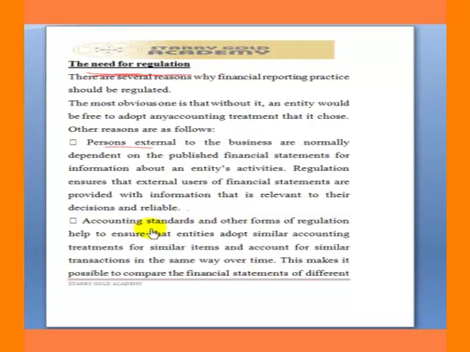The second one is that regulators need to ensure that the financial statements prepared by a company in the same industry are similar to the ones prepared by others in that industry, meaning that all entities in the same industry are consistent in their preparation. That is, their financial statements look similar and similar transactions are treated in the same manner.